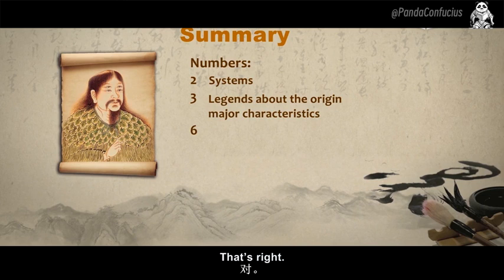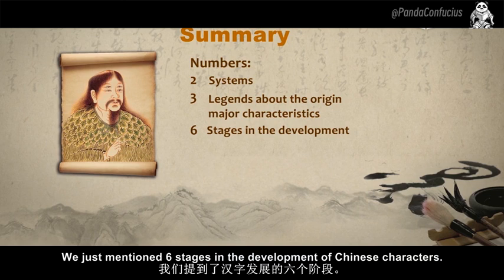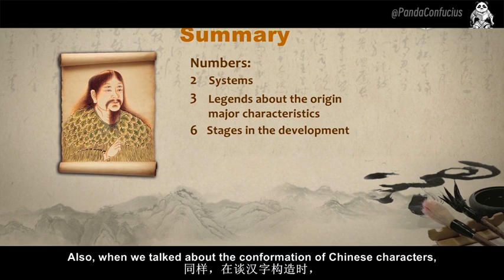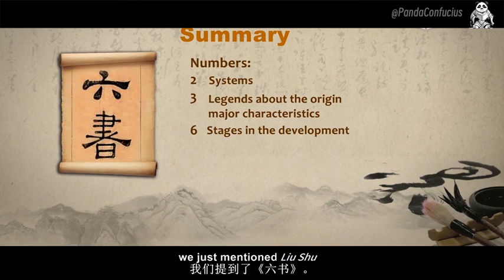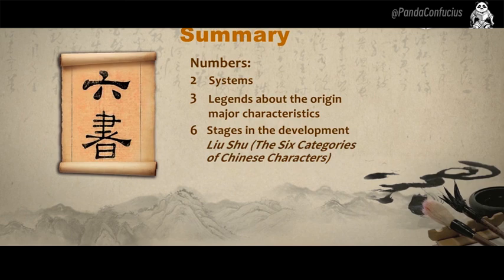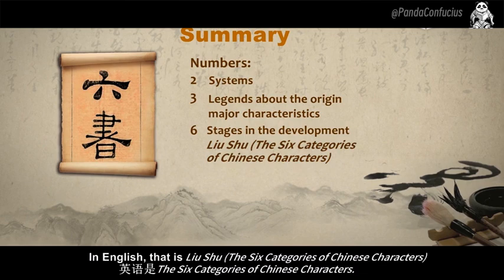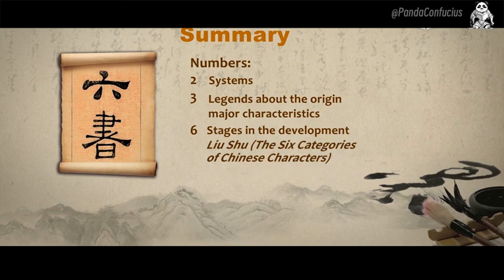That's right. We just mentioned 6 stages in the development of Chinese characters. Also, when we talked about the conformation of Chinese characters, we just mentioned 6书. In English, that is the 6 categories of Chinese characters.